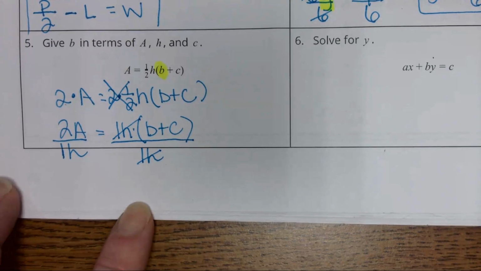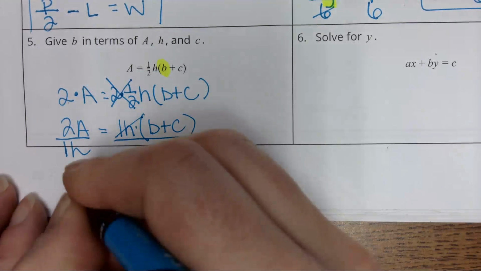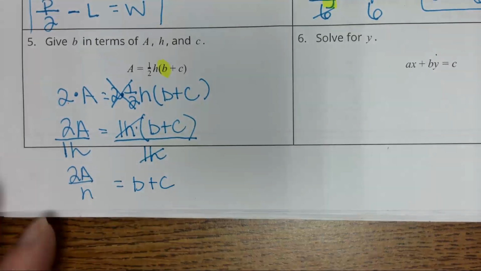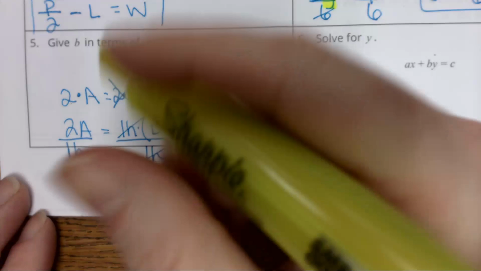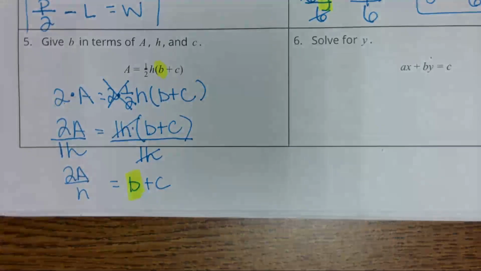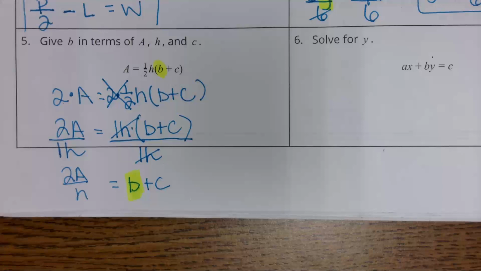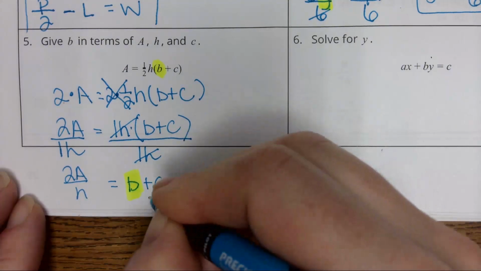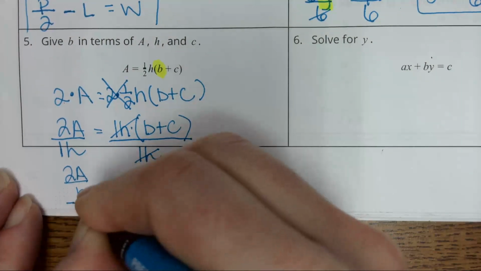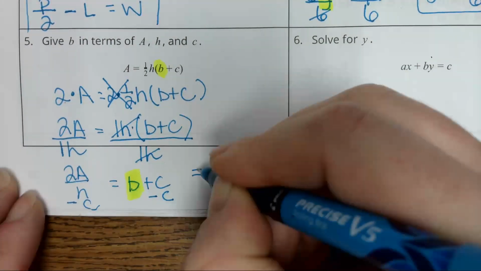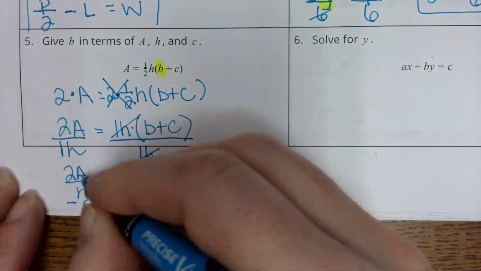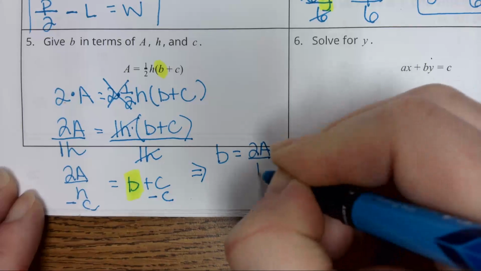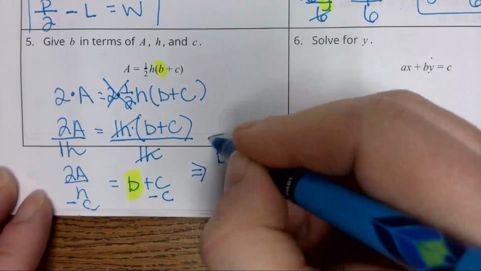So 2a over h equals b plus c. What's my last step, do you think? Minus c. So b equals 2a divided by h minus c. That was kind of a crazy one.